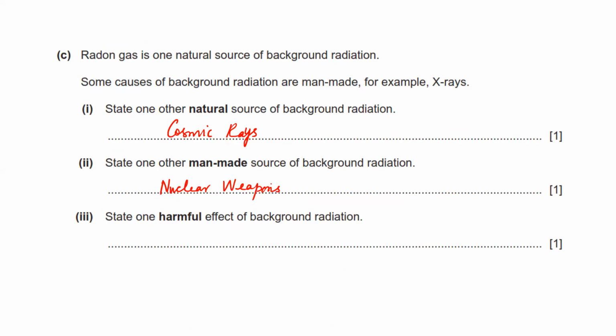One harmful effect of background radiation: mutation of cells, cancer, other cellular damage, damage to genes, things like this.